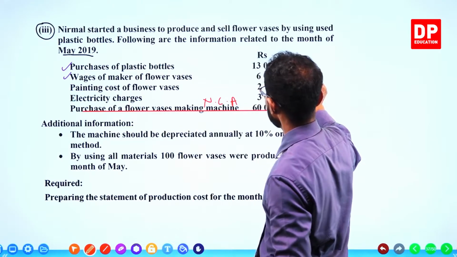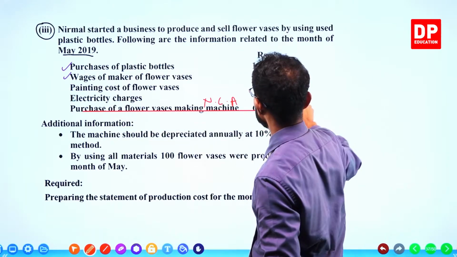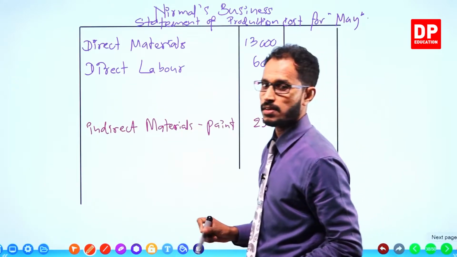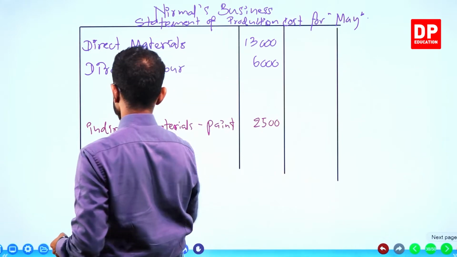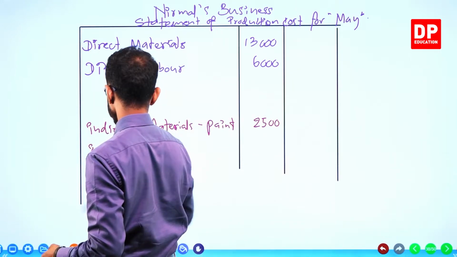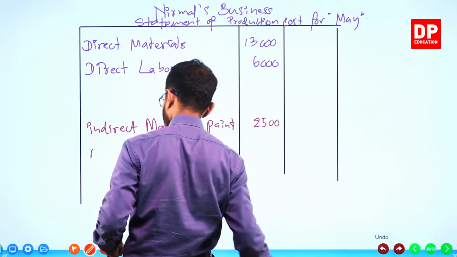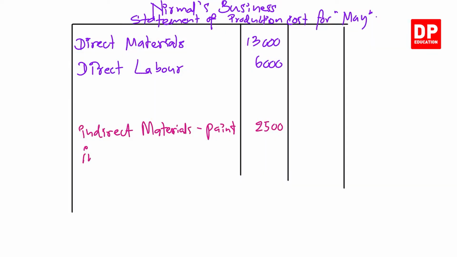That is also taken now. Electricity charges should also be taken. That is an indirect other cost. Indirect material, indirect labor not given. Indirect labor is not given, right?